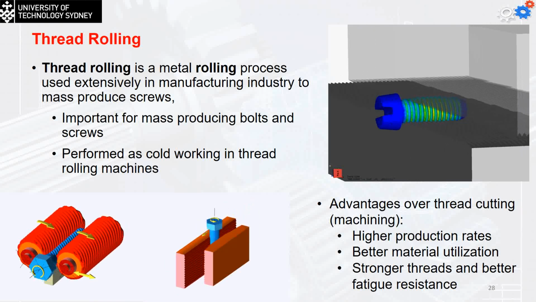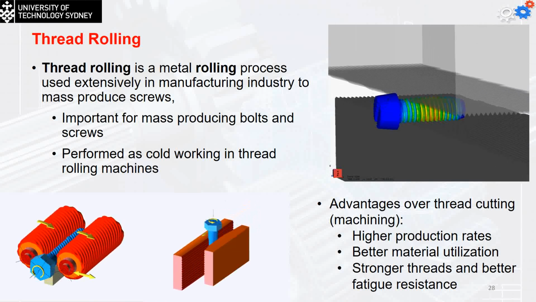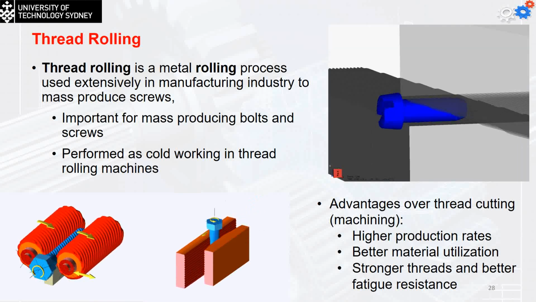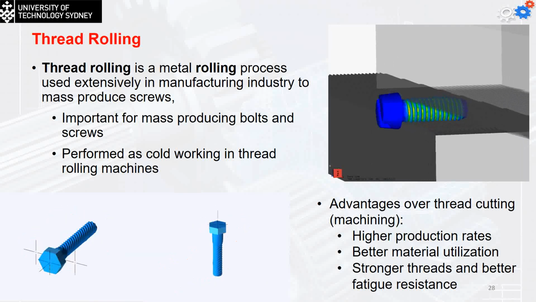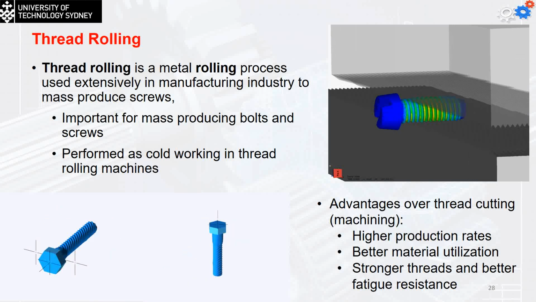It's all done in a matter of seconds, performed as cold work in the thread rolling machine. The advantages are a higher production rate, better material utilization because there is no lost material, stronger threads, and better fatigue resistance for the part.